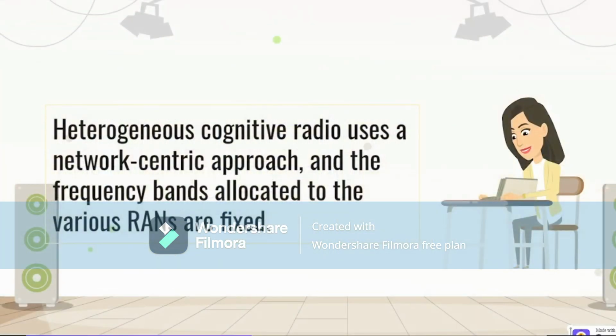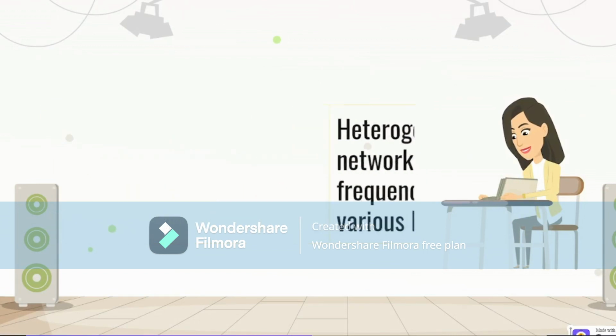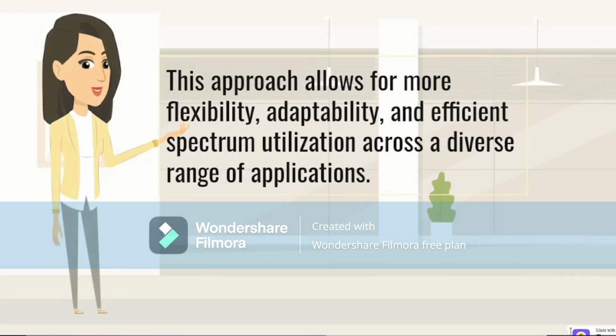Heterogeneous cognitive radio uses a network-centric approach, and the frequency bands allocated to the various RANs are fixed. This approach allows for more flexibility, adaptability, and efficient spectrum utilization across a diverse range of applications.